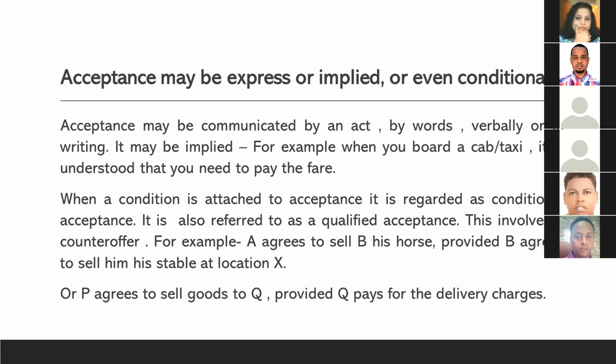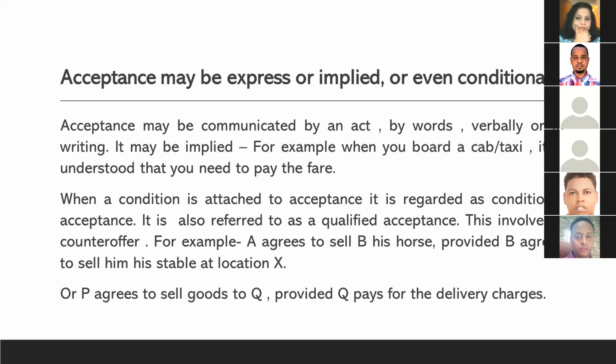He says, okay, I'll sell my car to you, but there is one condition: you will have to come and collect the car. I will not drive it and send it to your place. Understand? And then he says, yes, I agree to that. So there is a conditional acceptance there, or qualified acceptance. So P agrees to sell goods to Q. He puts a condition, he accepts it.